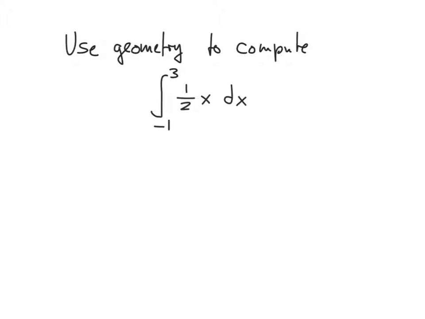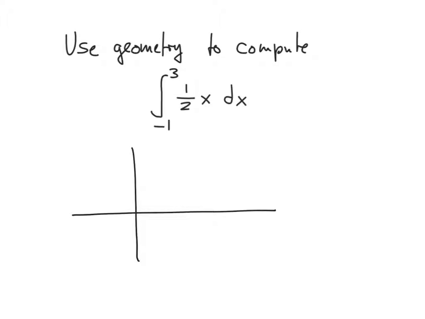right? So in particular, it will happen in problems like this here, where we again are asked to use geometry to compute a definite integral. Again, it's a simple function, and that's why we can use geometry to compute it. But now something happens, namely, we graph the function a little bit.